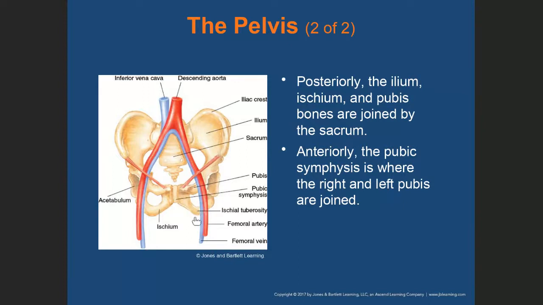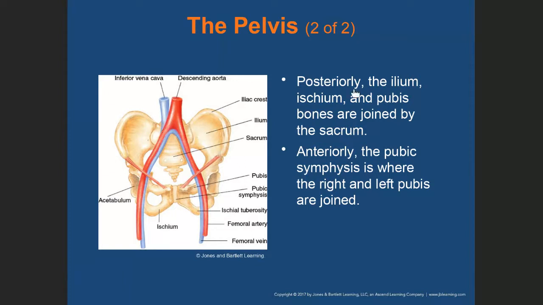The ischial tuberosity is the buttocks bone, an important landmark if we are going to use a traction splint. And we have major veins and arteries that run into this area. So you actually have the descending aorta and inferior vena cava, which we'll talk more about when we cover the cardiovascular system.